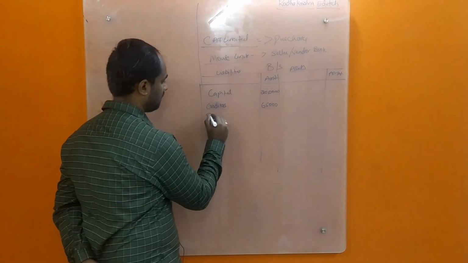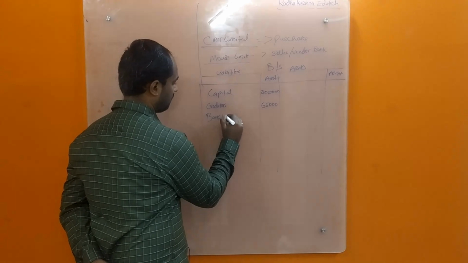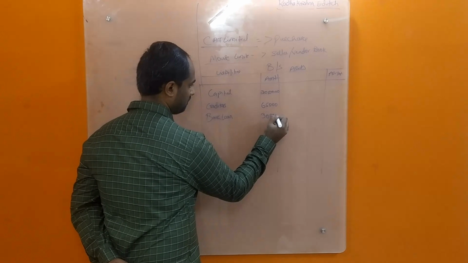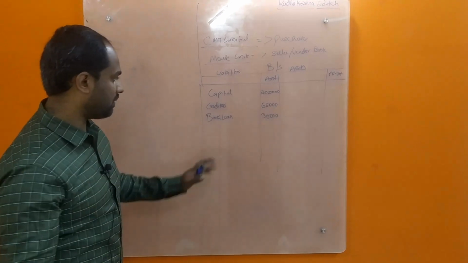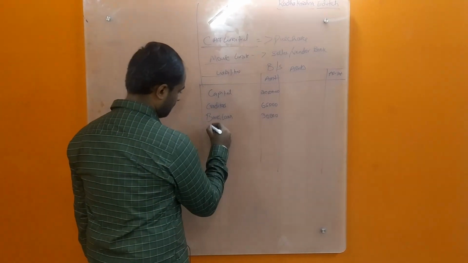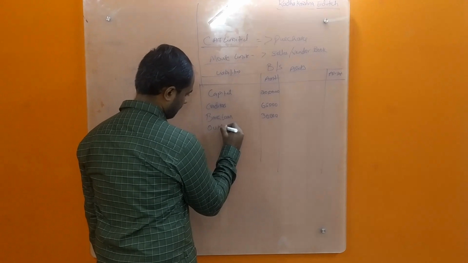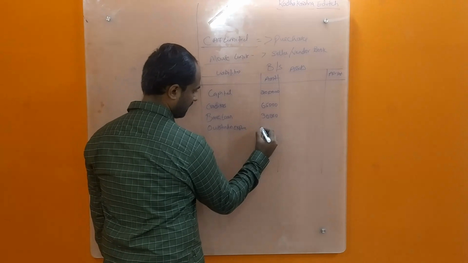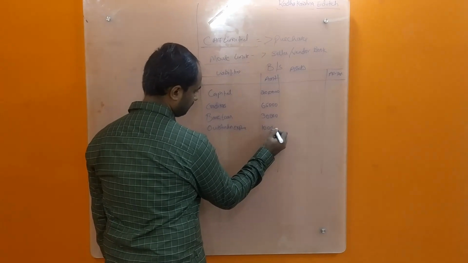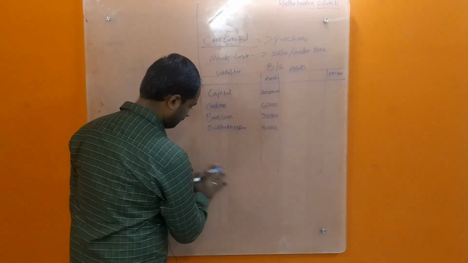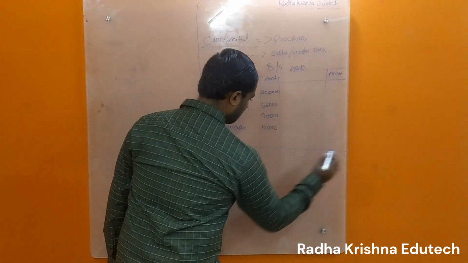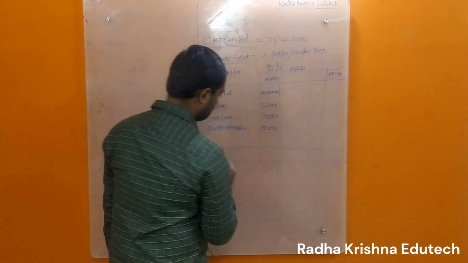Then bank loan some 30,000. Okay, this is my total. Then I will put some outstanding expenses, some 10,000. So total.